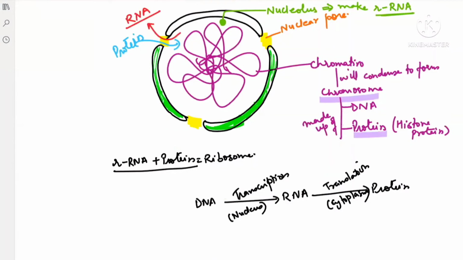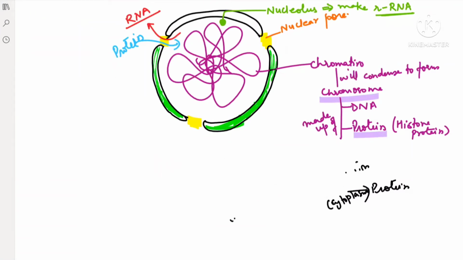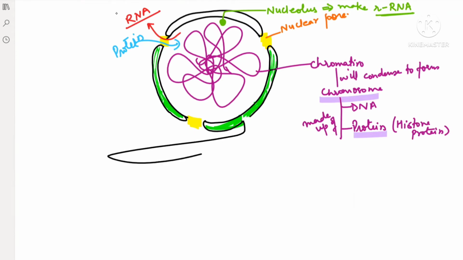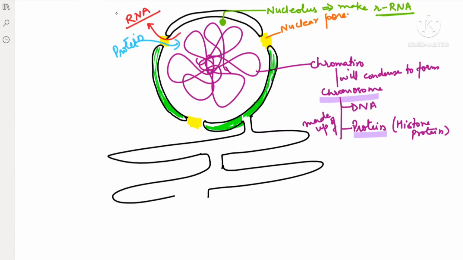Now, try to understand one more concept. Let me rub this area. I hope you have understood, so I'm rubbing it. Now see, from the outer nuclear membrane, this system is coming out.